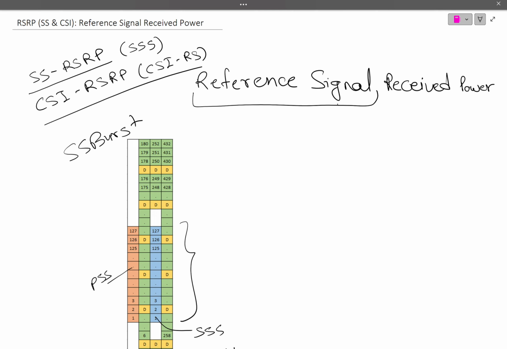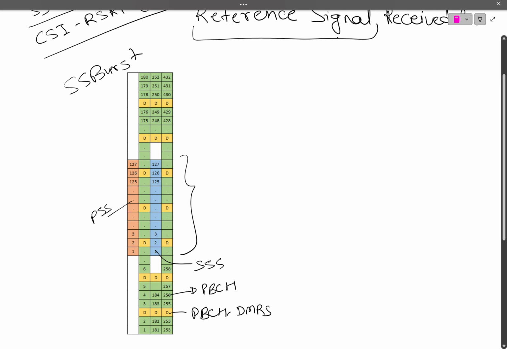So this tells the received power on a particular RE. RSRP doesn't account for interference, noise or anything. It just tells what is the received power on a given RE. If it is SS-RSRP, then it is the received power on the SSS resource elements.